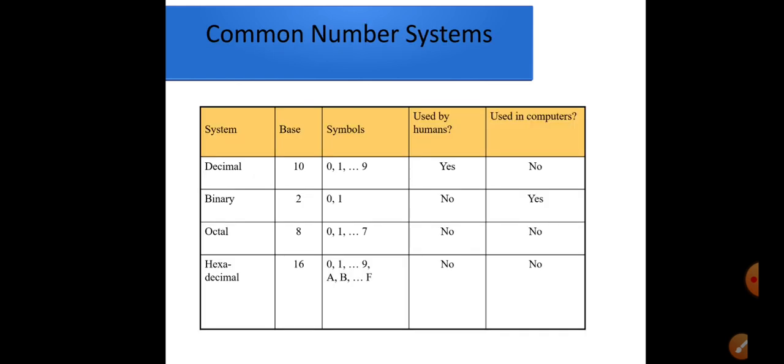Different number systems we can use for digital transmission and digital communication. These are the binary number system, octal number system, and hexadecimal number system.